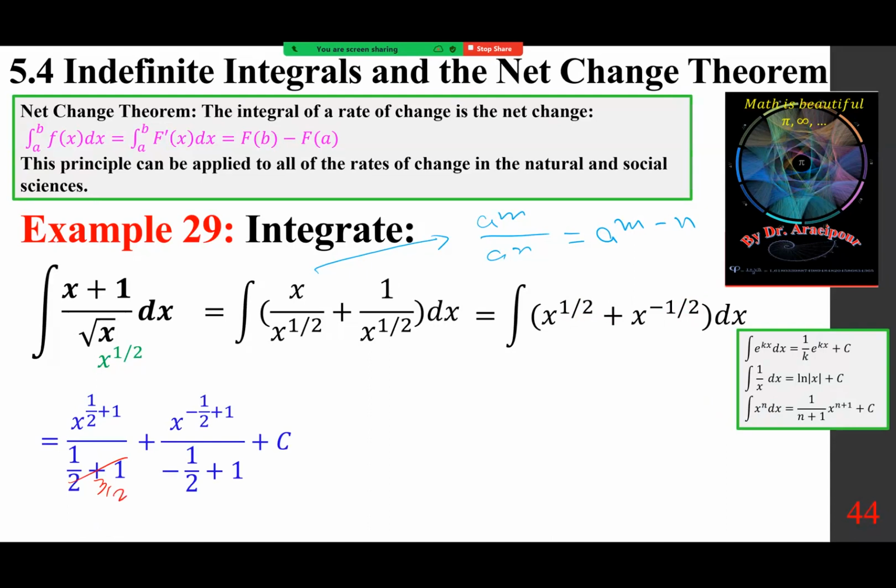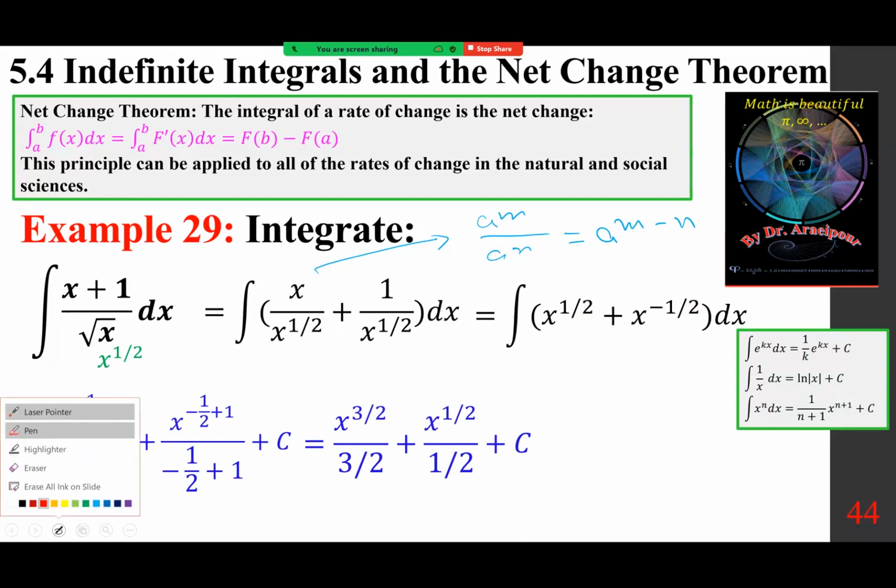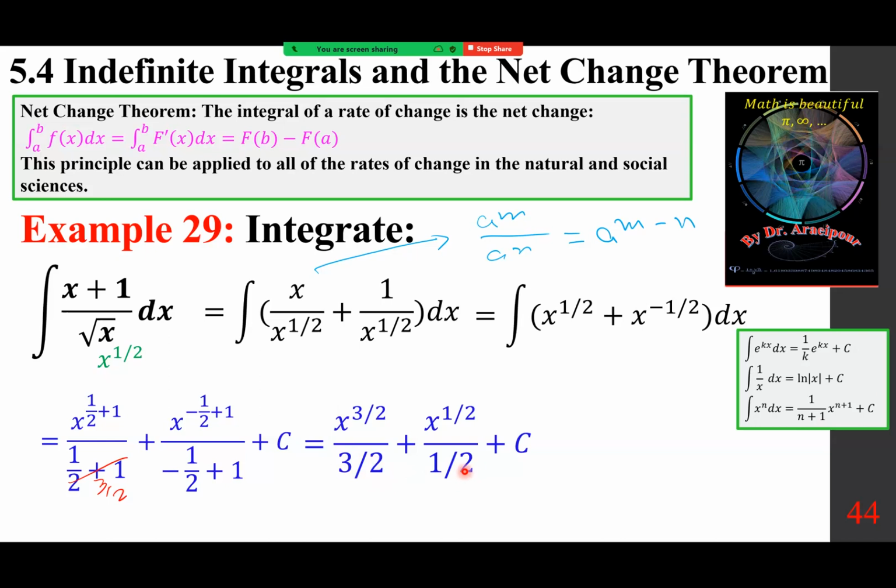And when we divide by it, so let's write 3/2. The other one is 1/2. The reciprocal of this becomes 2/3. The reciprocal of this becomes 2, and we are done. So indefinite integral creates a constant, everybody.